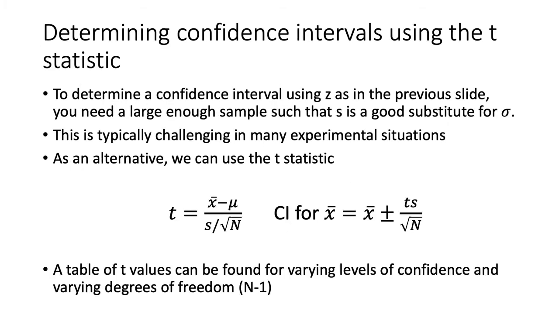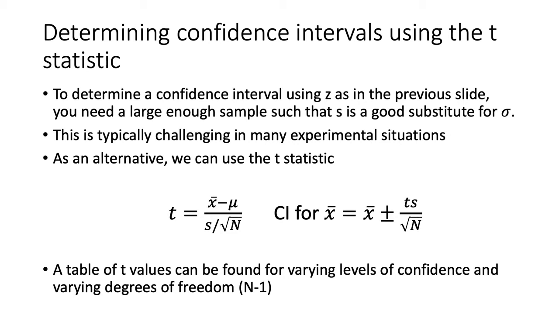To use z, as in the previous slide, you need to have a big enough sample size that your estimates of the mean and the standard deviation are a good enough substitute for the actual sigma, the population standard deviation. That's really challenging in lab situations, and in 5 through 10, we will not ever have a big enough sample size for that to be the case. So as an alternative, we can use the t-statistic.